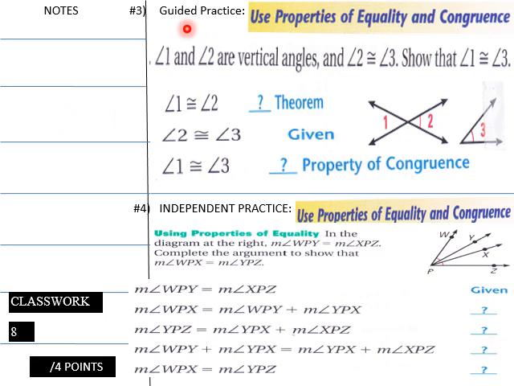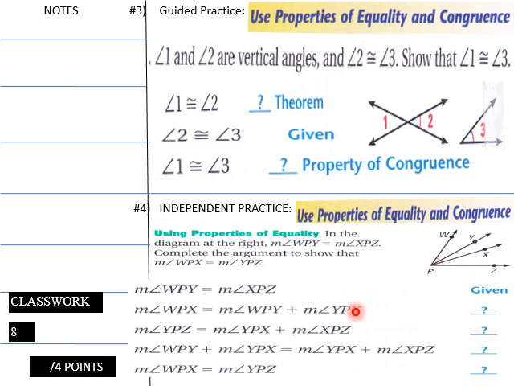Okay, we've got our second set of guided practice here, and independent practice. Students, you'll be asked to provide the reasons for these statements that are produced from this diagram here. Complete the argument to show that the measure of angle WPX equals the measure of angle YPZ.